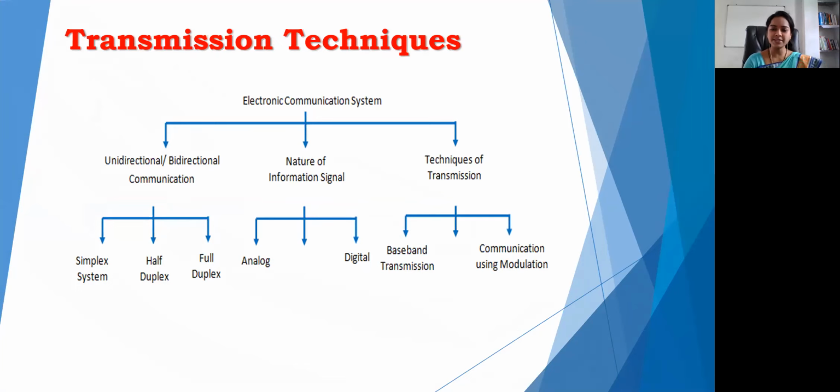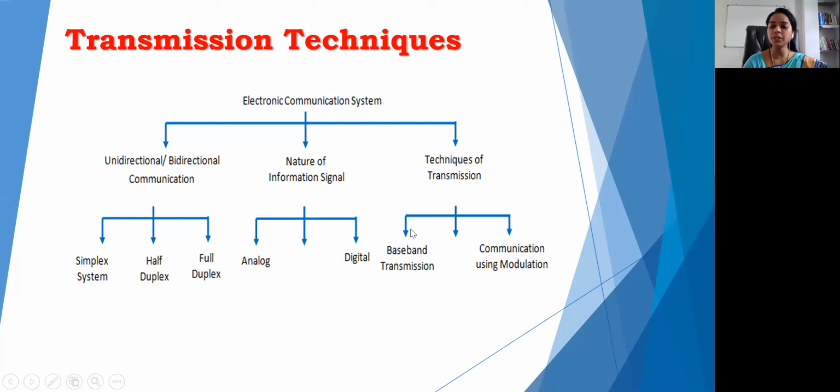So we will see just an introduction: any electronic communication system can be classified in three ways. It can be unidirectional or bidirectional communication. Second, we can classify it according to the nature of the information signal, which is analog or digital. And third, according to the techniques of transmission, because after modulation we have to transmit the signal.